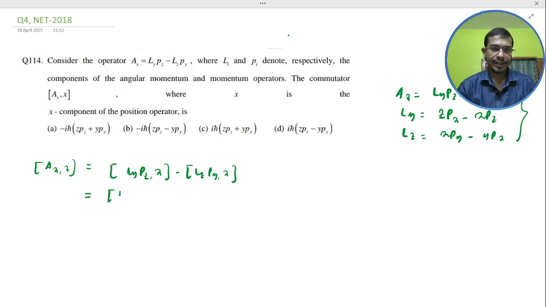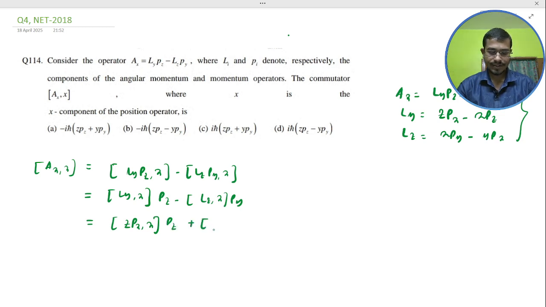Simple. It should be Ly x Pz, the distributive property. Then Lz x Py. Order should be maintained, like the chain rule of differentiation. This should be z px with x Pz plus y px with x Py.